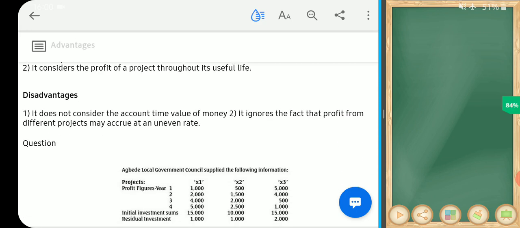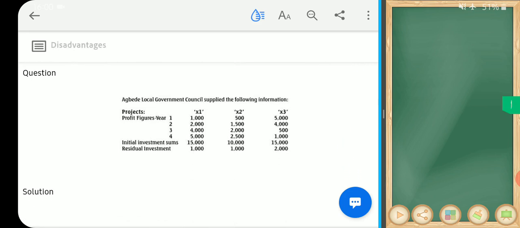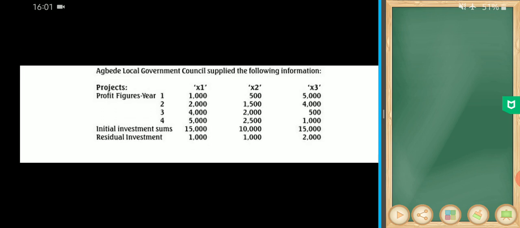Then number 2 is it ignores the fact that profit from different projects may accrue at an uneven rate. So we have a question here. The question says, Agbede Local Government Council supplied the following information. We have project 1, project X1, project X2 and project X3.